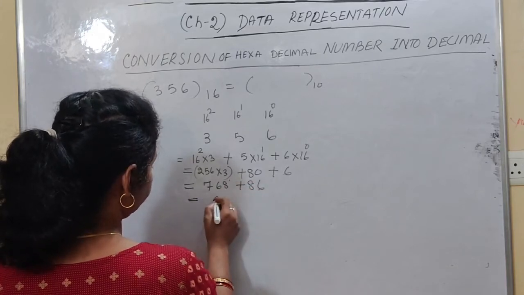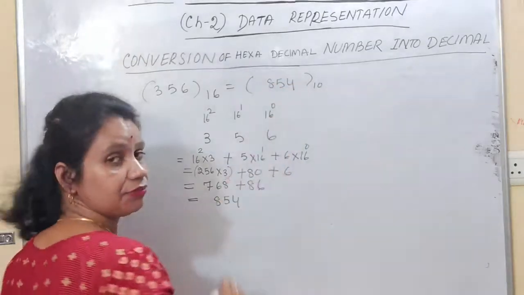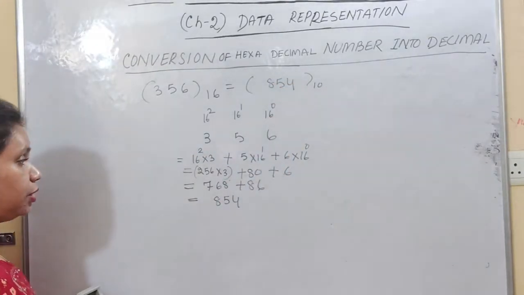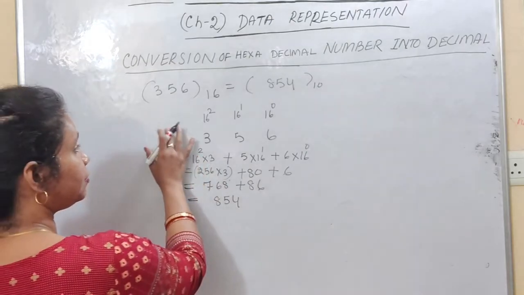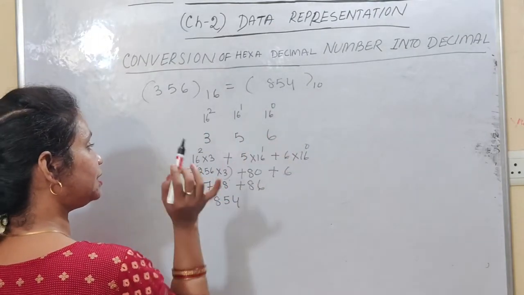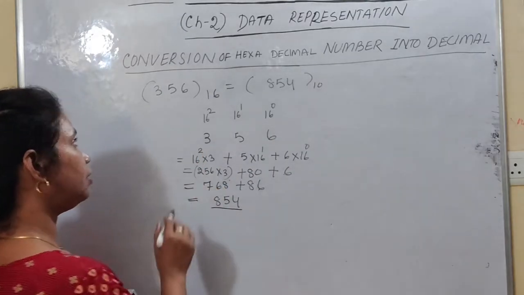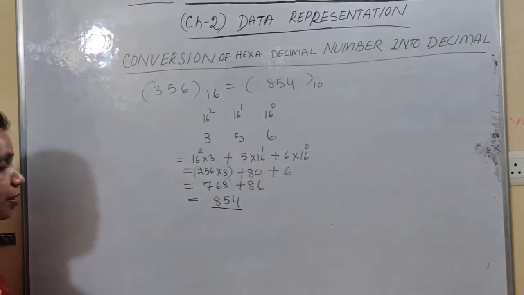Now this is our 854. So 854. So students, hope all of you understood the concept. Just write the positional weight. After that, multiply the positional weight to each digit, then add the values. Then finally, you will get the equivalent decimal number of this particular hexadecimal number.